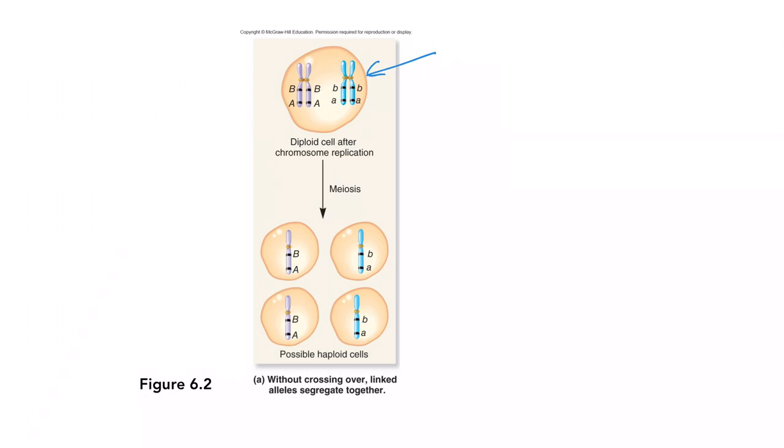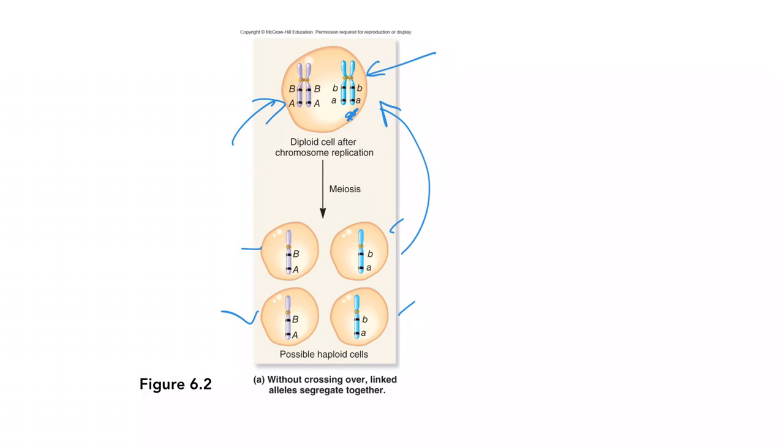If there's no crossing over, these linked alleles are going to segregate together, such that basically you've got big A and little a together here, and then in another gamete you've got big A and little a, which is coming from that homologous chromosome, and then alternatively the sister chromatids of this dyad are separating to form these two. So in this situation, we're assuming that these are so close together that there's no crossing over that's happening.